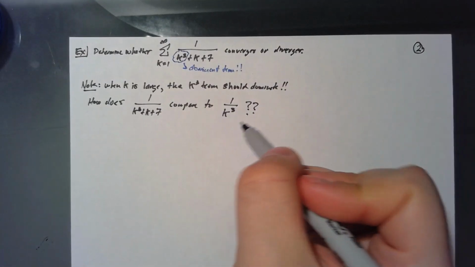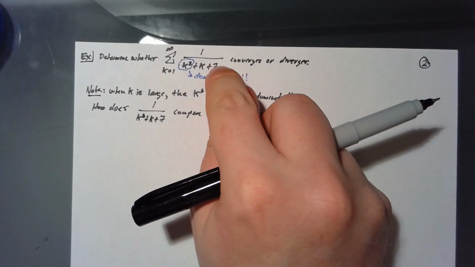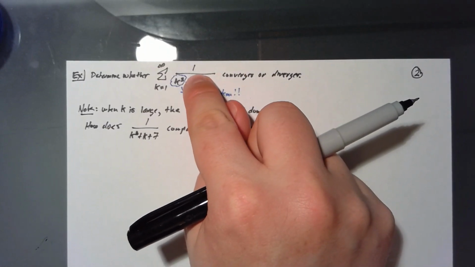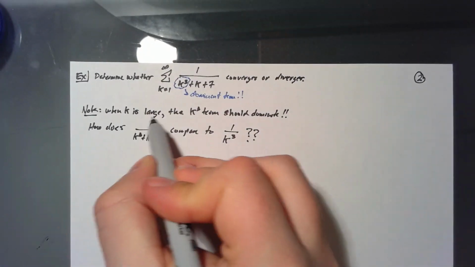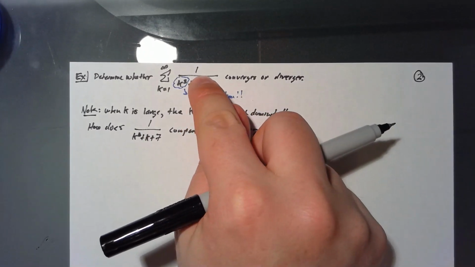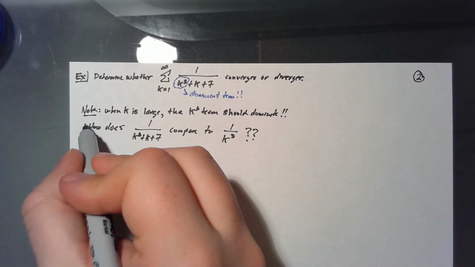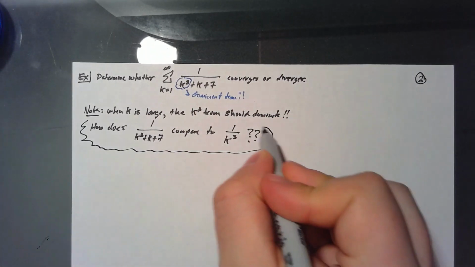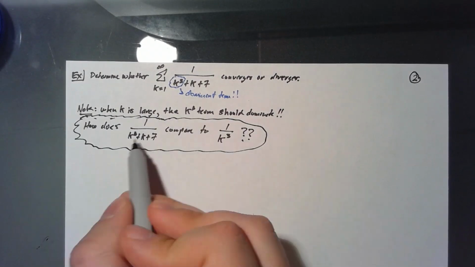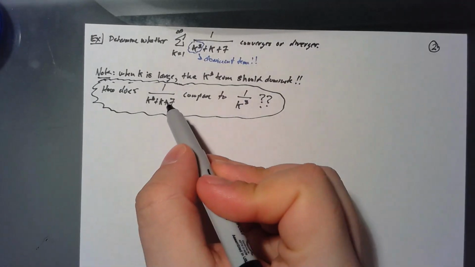Because what I'm saying is I'm taking this, and since this is the dominant term, I don't care about 7 or k, right? If I just cover them up, when k gets large, the k cubed term dominates. So that makes k and 7 irrelevant. So I end up getting 1 over k cubed. And that's what I'm asking here. How does this compare to this?